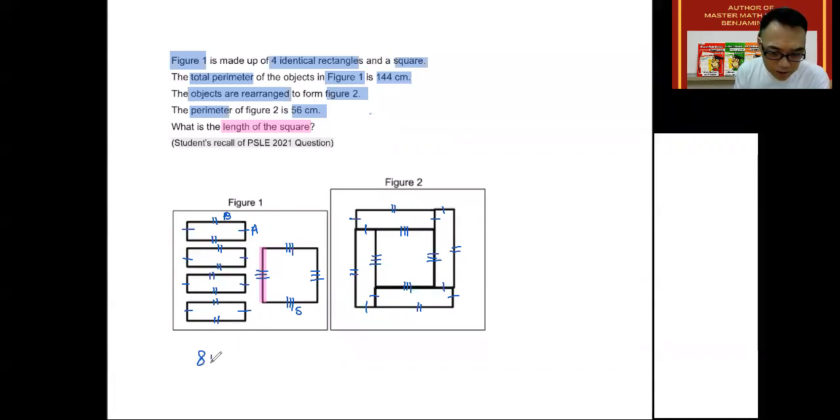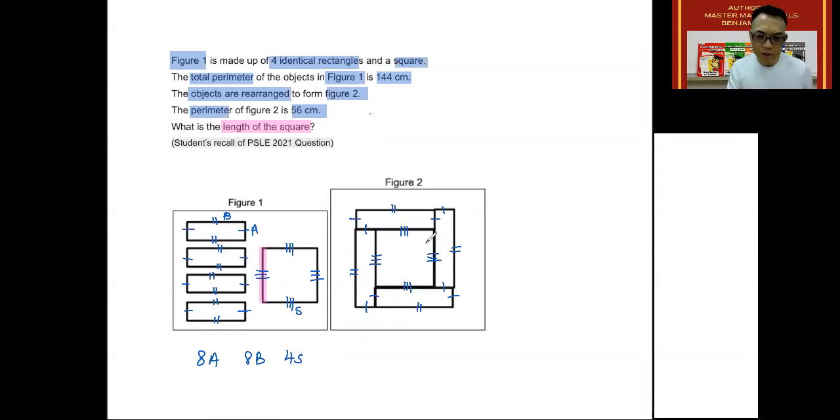We have 8 A's, we have 8 B's, and finally, for the square, we have 1, 2, 3, 4 lines that are of 3 strokes, and we called it S. So let me write that down, and that is 4S.